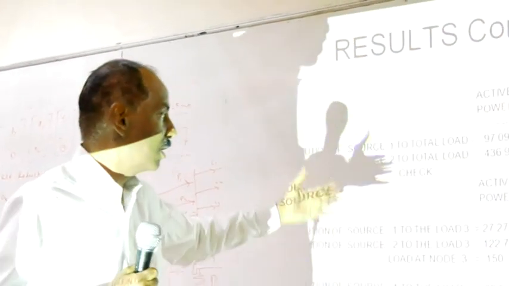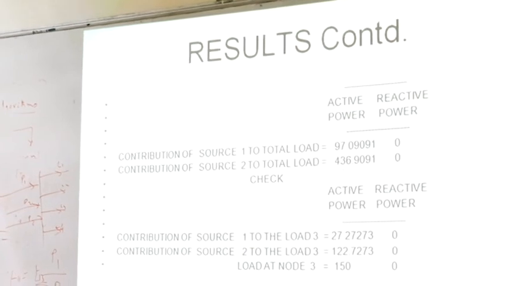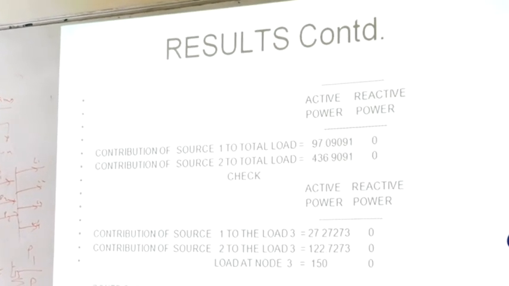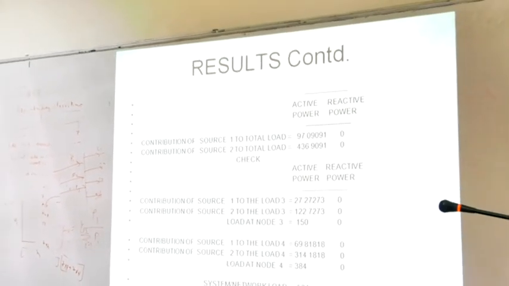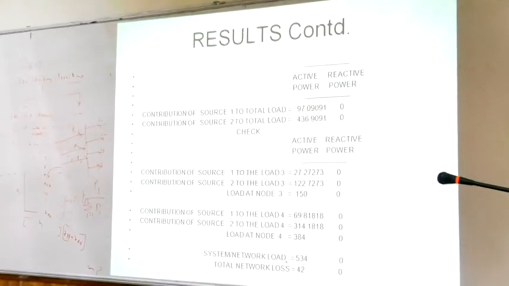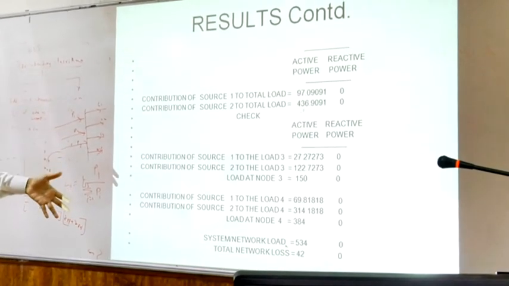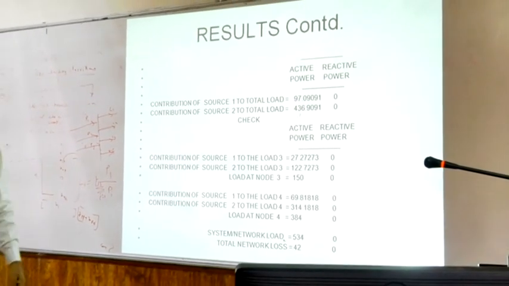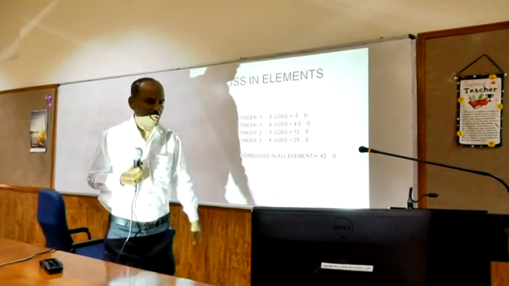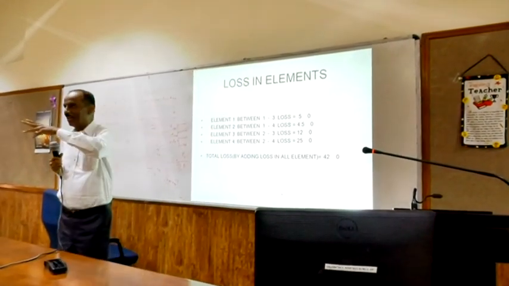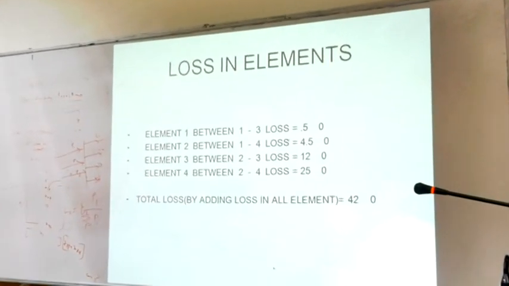So the total, I think you can see a numerical example, because all of you are now very tired, and it is all available with your CD. So you can run it and you get this result. I am sure. The loss is also computed finally. All the elements have I squared R loss, and you can verify with it.